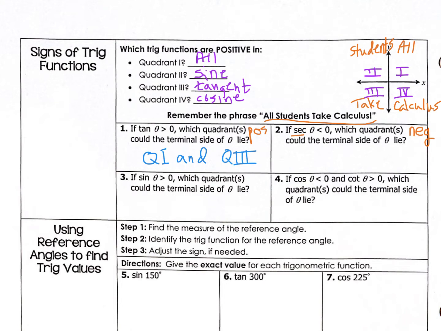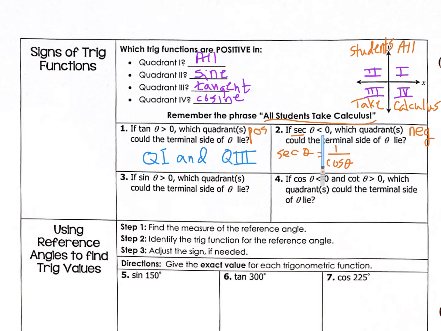So secant of theta, remember, is equal to 1 over the cosine of theta. So cosine is where I want to focus my energies, and cosine is negative, all right?